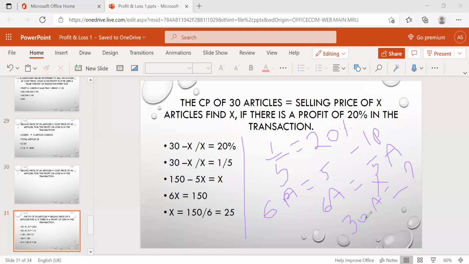So 30 by 6 is nothing but 5. 5 into 5 is nothing but 25. It's not percentage, right? They given already percentage. 25 articles. Directly you can see. Okay. Now, so check one more problem.